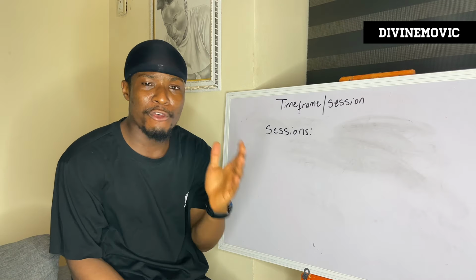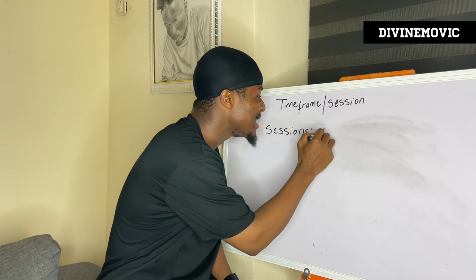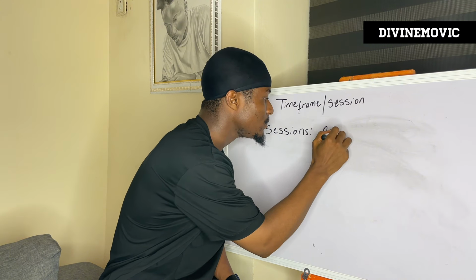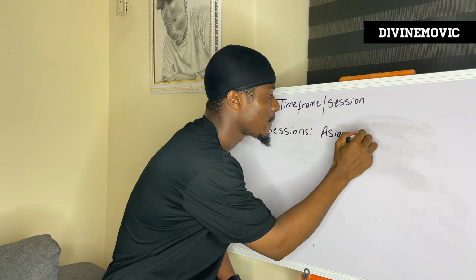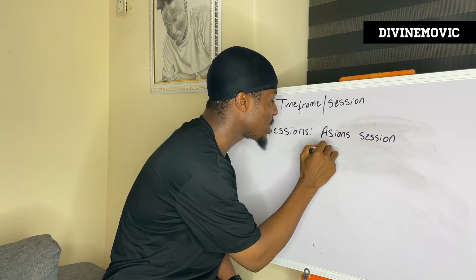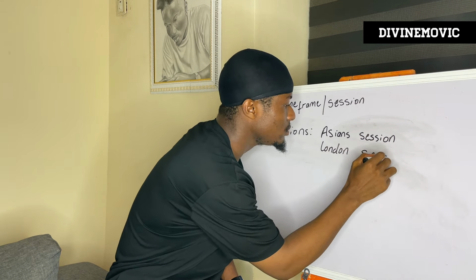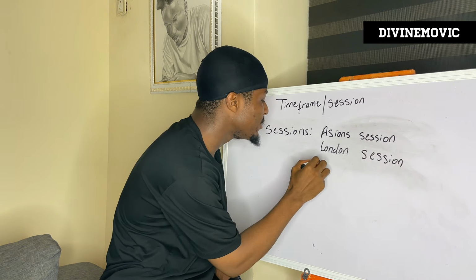Now, we have 4 different types of sessions in the forex market. We have one, the Asian session. We have the London session. And we have the New York.